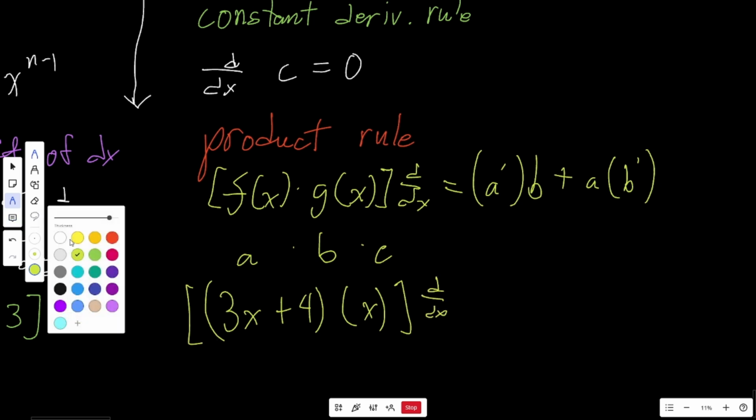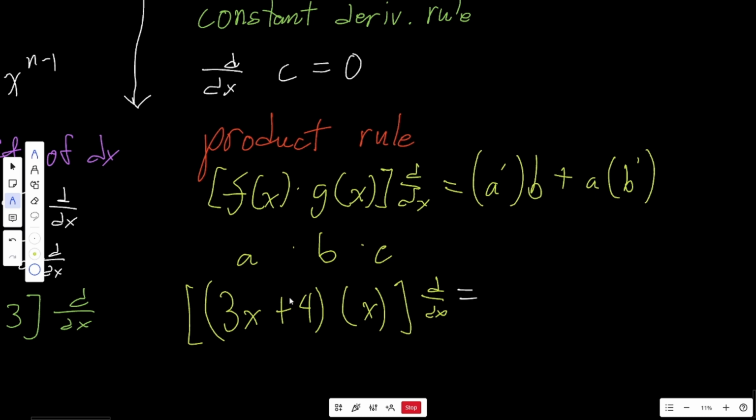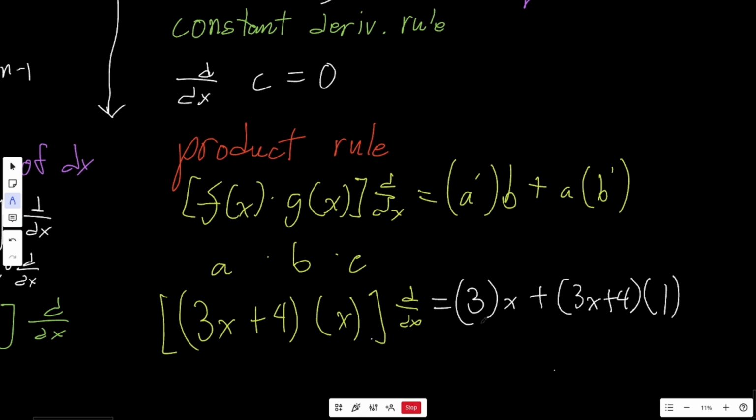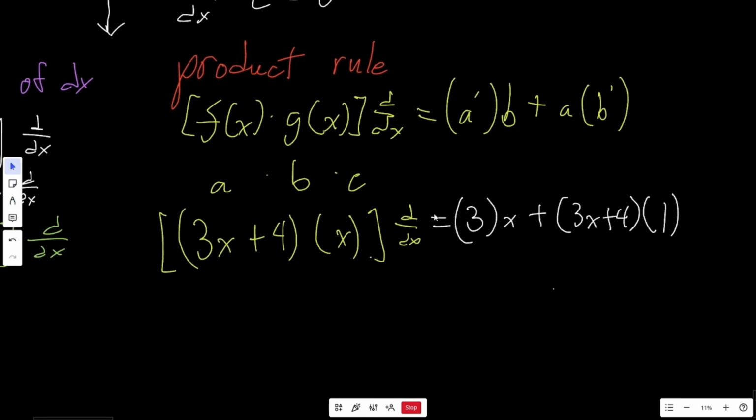So what you want to do here is we're going to get the derivative first of the first function, which is 3, times b, which is x, and we're going to add that to 3x plus 4 times the derivative of the other function. And now from here, once we have laid out our equation, we're just going to simplify. So 3x plus 4 is 6x plus 4, and that is our derivative.